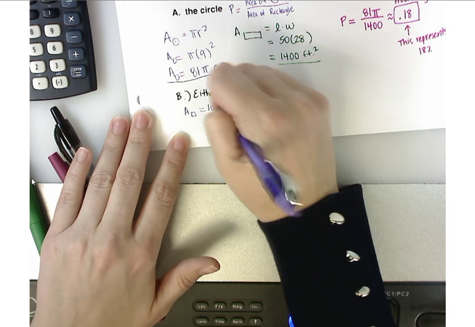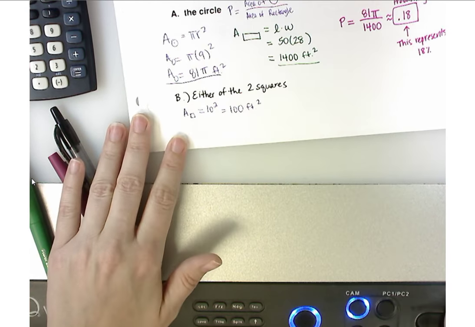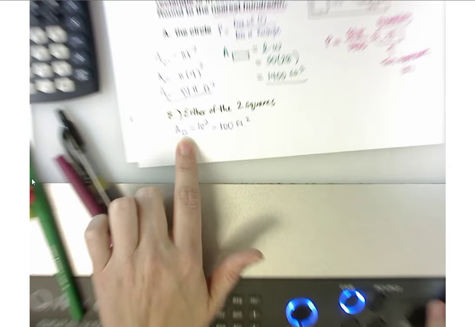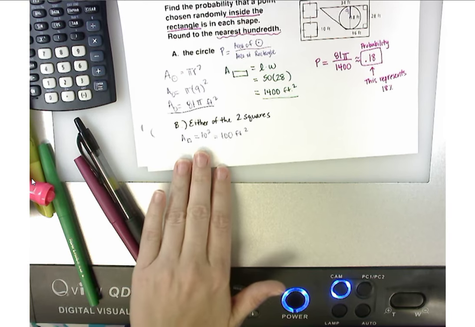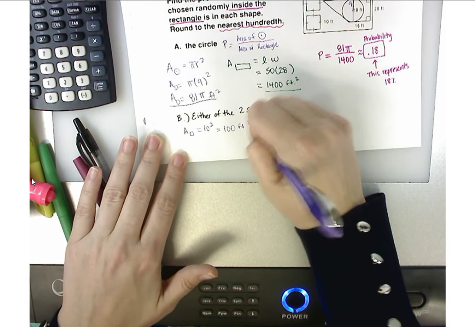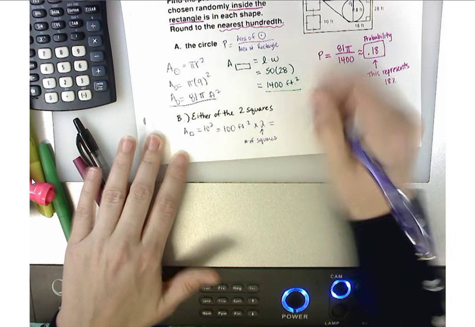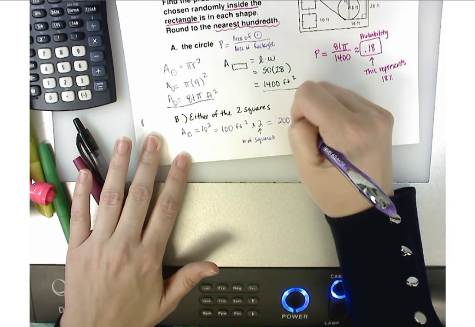So 10 squared, which would be 100 feet squared. Okay, now because it's two of them, what do we do? Multiply by 2. We multiply by 2. So it would be 200 feet squared.